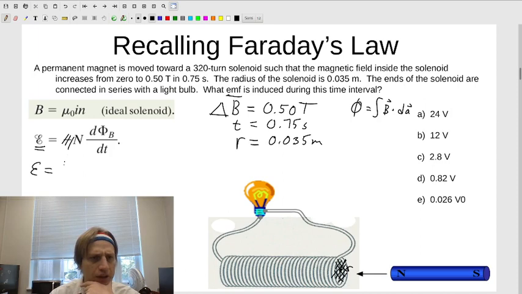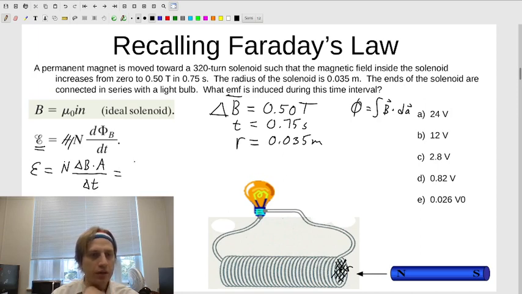It would be N times the change in magnetic flux, so that's our change in magnetic field times the surface area of that surface. If the area is not changing, we don't have to put on another term for that, all divided by the change in time.